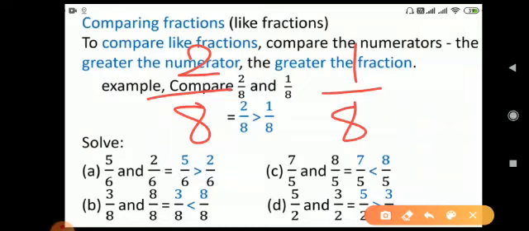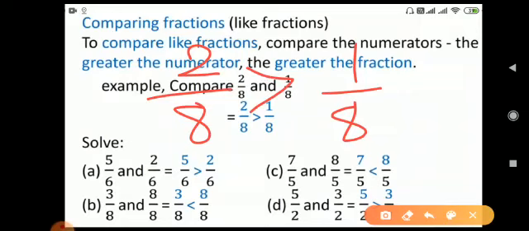So here we have to check only the numerator because the denominators are the same. So in the numerator we can see that 2 is greater than 1. So 2 upon 8 is greater than 1 upon 8.